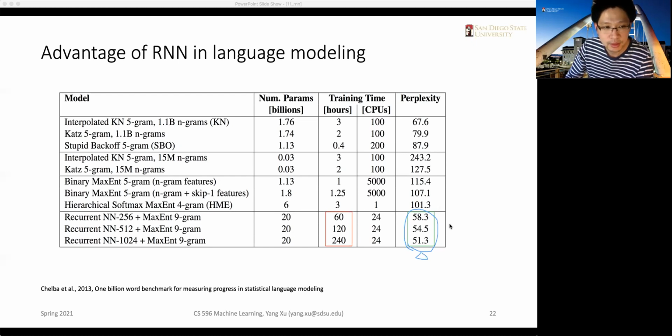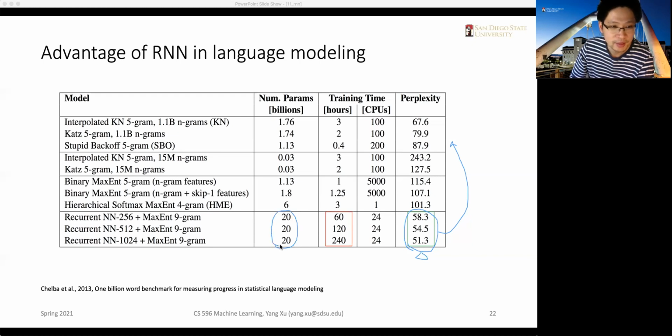And we can see that, compared with all these n-gram-based models, it has much lower perplexity scores.